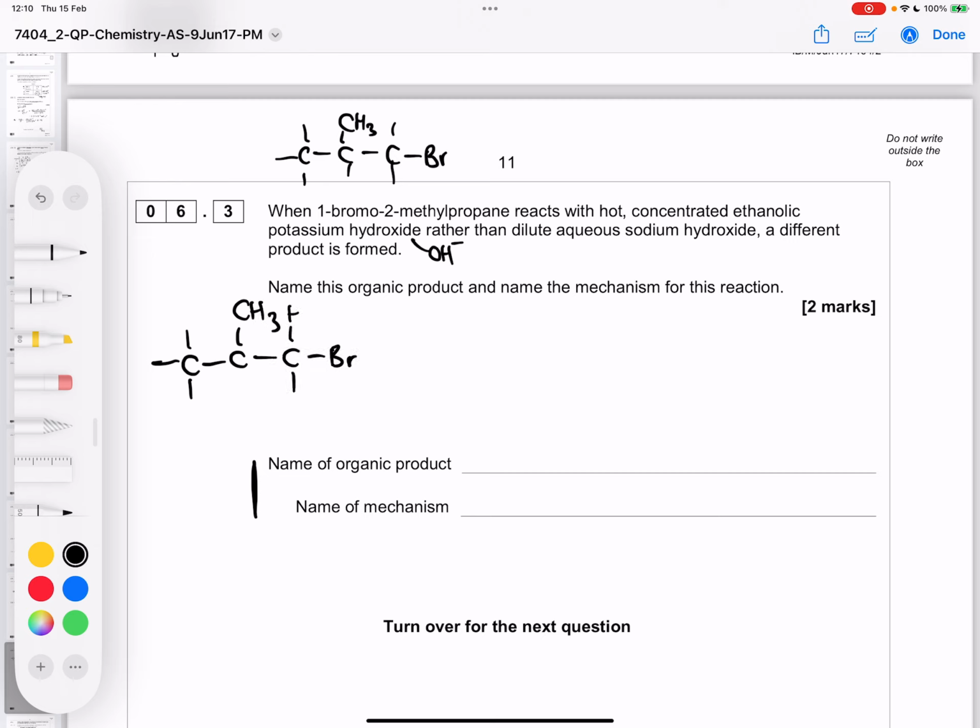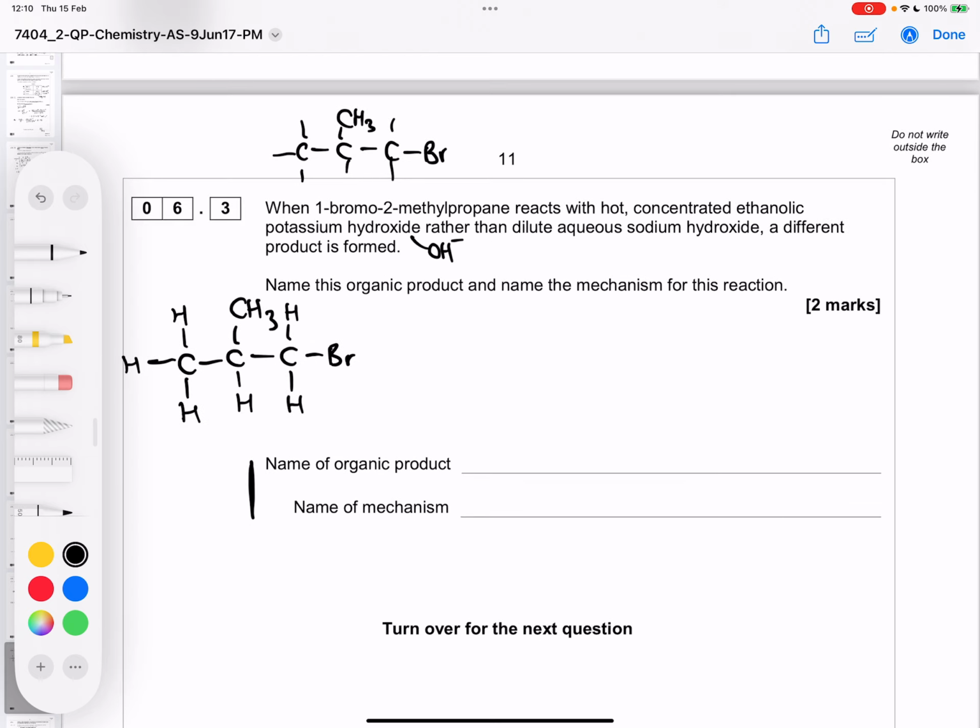When something is hot and ethanolic rather than warm and aqueous, the hydroxide ion doesn't act as a nucleophile, it acts as a base and goes to the next door neighbour carbon to the one that has the bromine. So this carbon has the bromine, it goes next door here, and it takes a proton from next door, so that next door carbon can use those electrons to create a double bond and help you kick out the bromine that way.